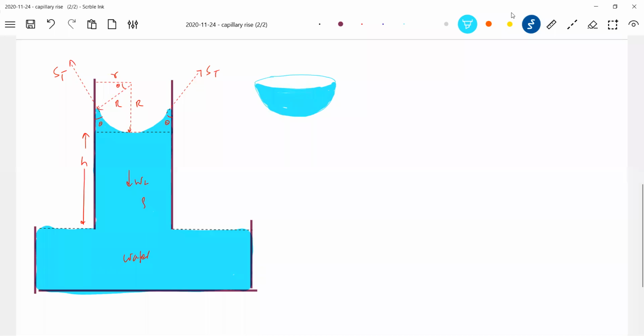How is the meniscus, anybody? Hemispherical, no? And what is the radius? You can take R. So how does the force due to surface tension act? Here it will act like this. Will it act only at 2 points or several? It will act at all these points.